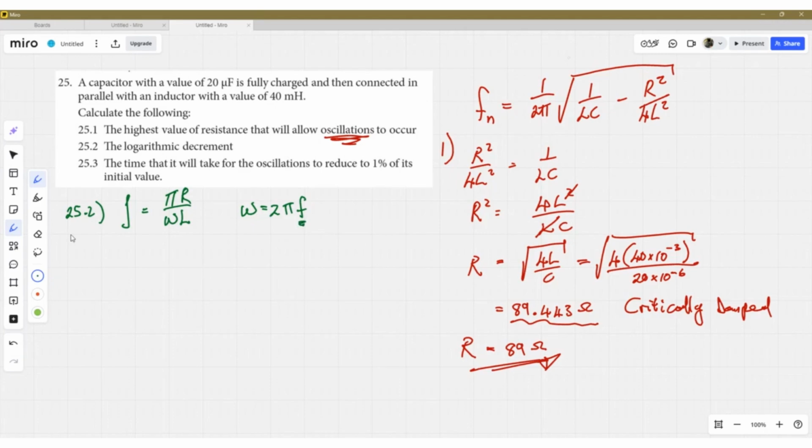That's going to be 1 over 2 pi times the square root of 1 over LC minus R squared over 4L squared.